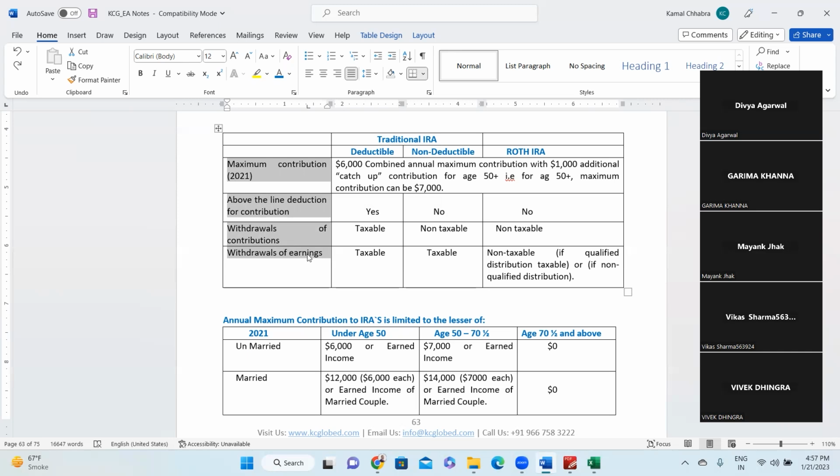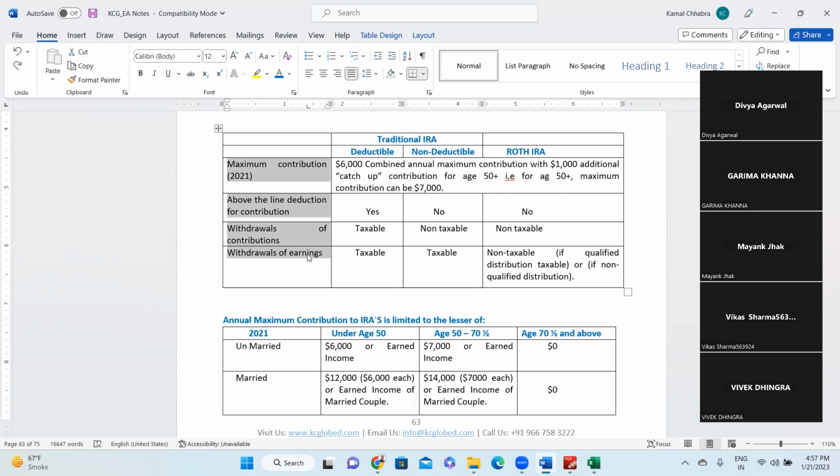Because when you made the contribution, you paid less taxes, so when you withdraw, you need to pay tax on that. Whereas for Roth IRA or non-deductible IRA, you will not get any deduction at the time of contribution. Hence, the withdrawal is non-taxable. Make sense?